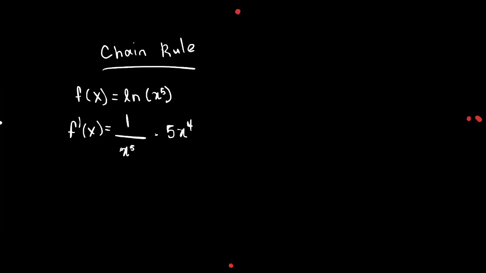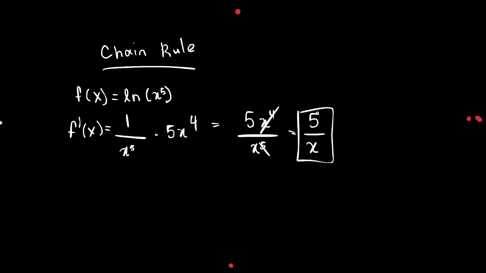We are then able to cancel out the x to the 4th, and then this x to the 5th becomes an x, right? So, if you want me to write that all out, we would see that we get 5x to the 4th divided by x to the 5th. This cancels out, giving us 5 over x as our answer using the chain rule.